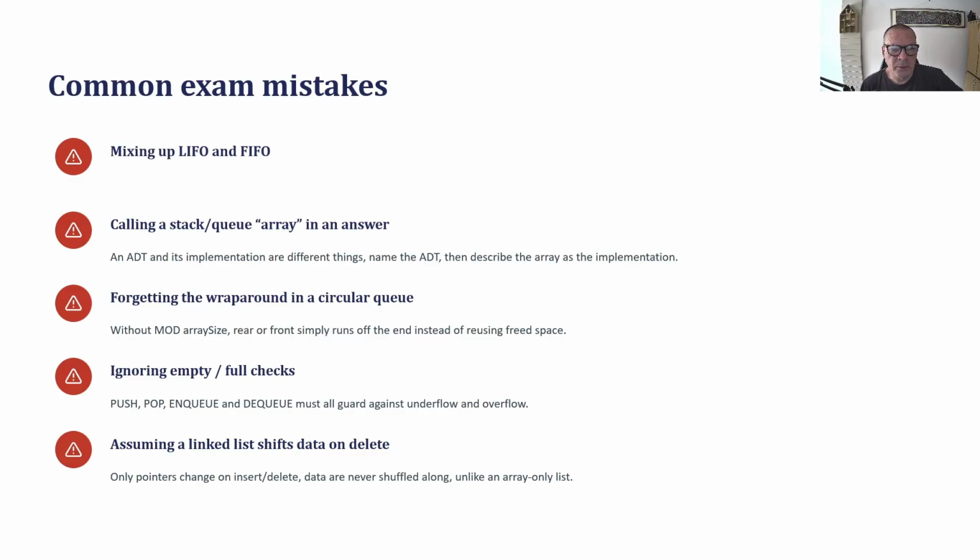With a circular queue, don't forget you need to circle round, so you can't just increment things like the front and the rear. You have to use the mod operation to get the right value when you're wrapping around. Don't forget to do the empty and full checks before you try and do anything on your queues and stacks.